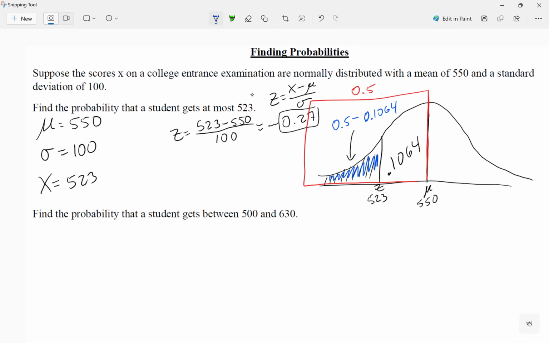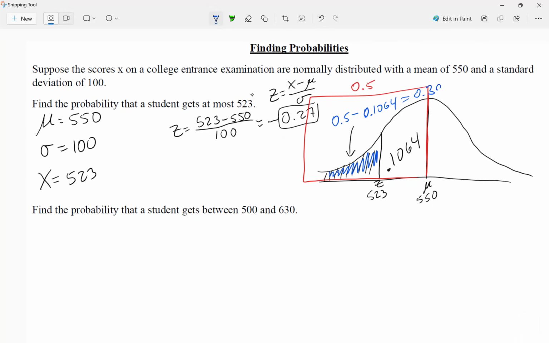The calculator says this area is 0.3936. So the probability of at most 523 is 0.3936.